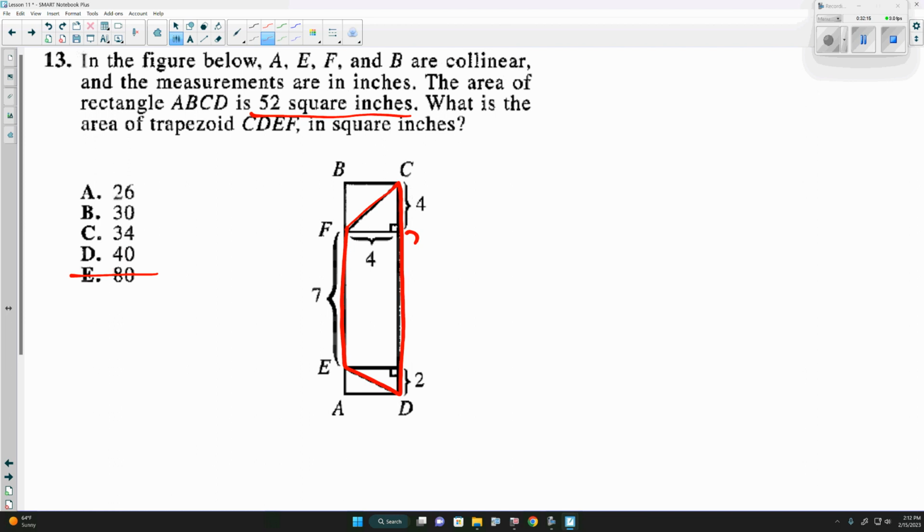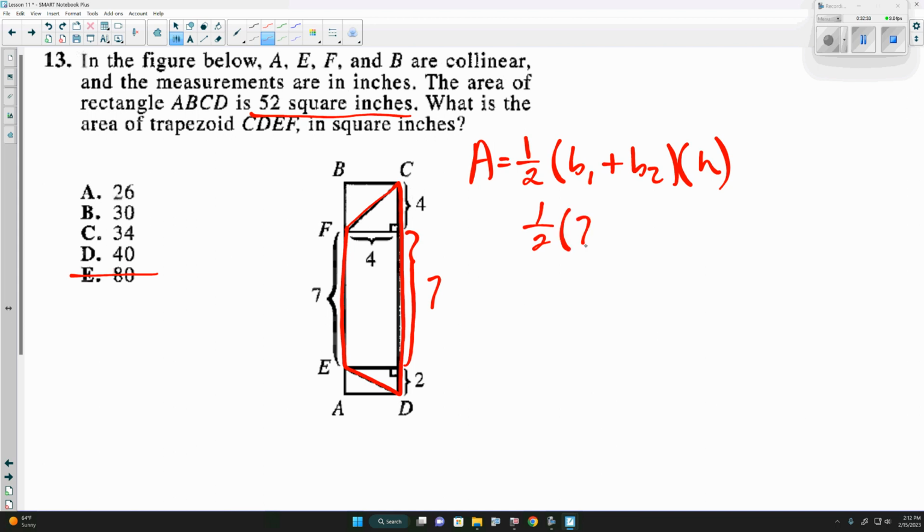So we know that this length here is going to be... Now the area of a trapezoid is 1/2 of base 1 plus base 2 times the height. Because 7, 4, and 2.